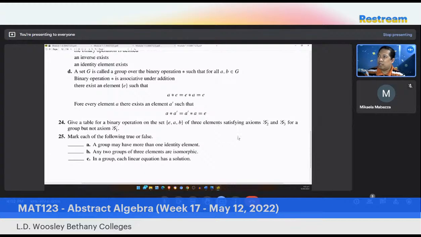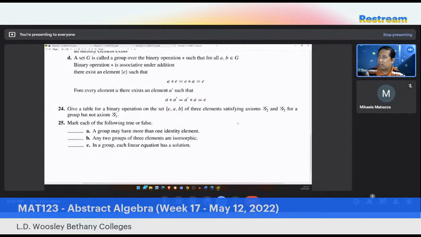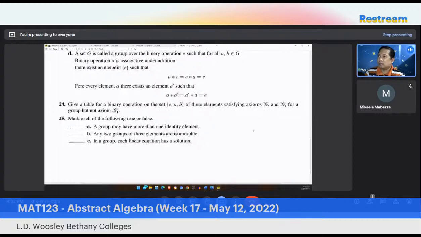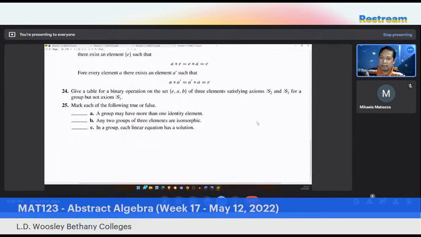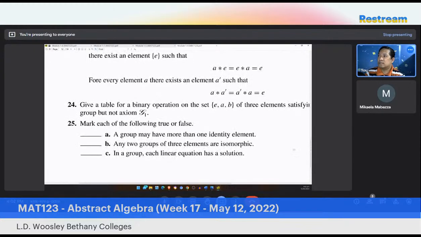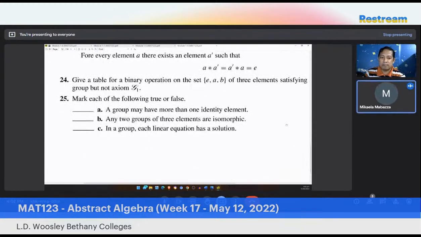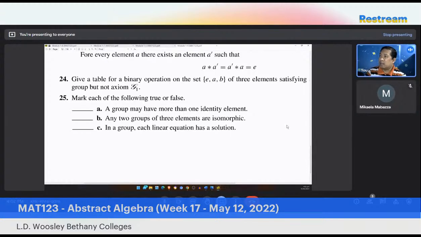O yung table, hindi na natin magagawa yan, pero ito ay sige, true or false po tayo. A group may have more than one identity element, true or false? False. False, correct. Okay. Any two groups of three elements are isomorphic.